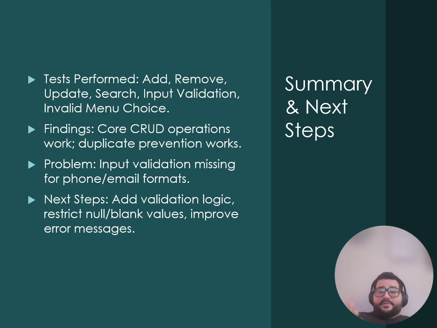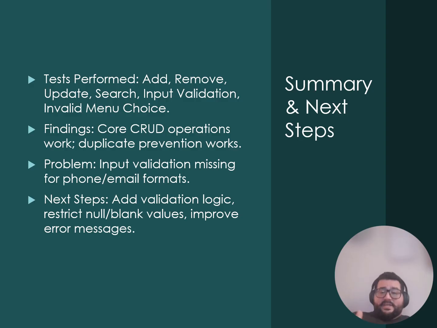So the next step for us would be to go back and look at the triggers and restrict the kind of values that we have and improve any kind of error messages that we need.